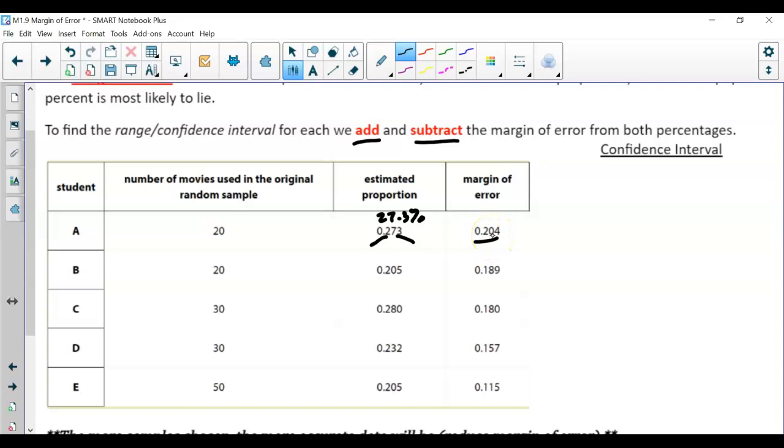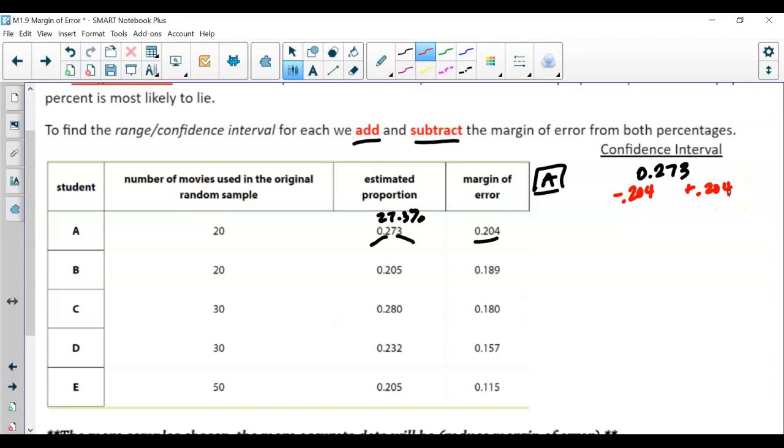So basically, to get this confidence interval, let's say for student A, you are just taking the proportion or percentage, whatever the case may be. You are subtracting the margin of error, and you are adding the margin of error. That's it.